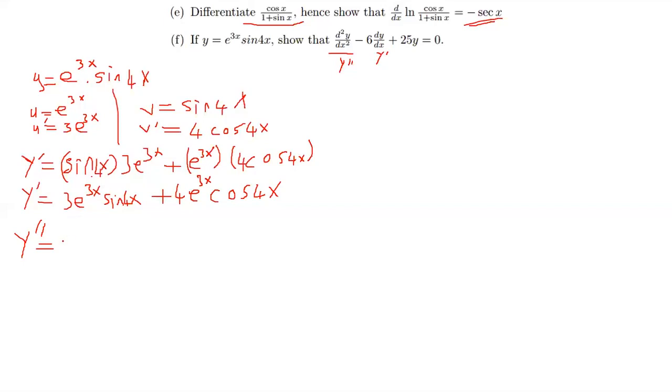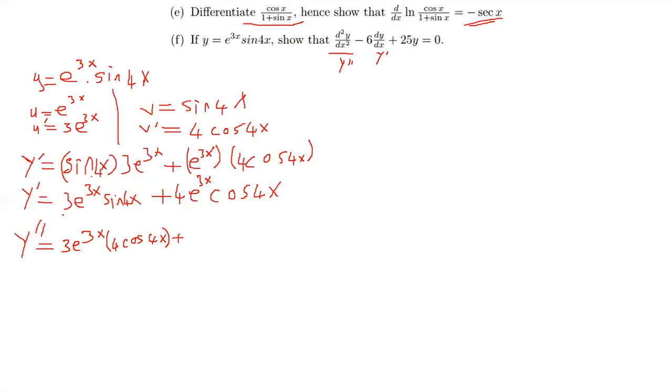So I'll write first my u, e to the power 3x, and then when I differentiate v, I'm going to have 4 cos 4x. Then I'll say plus, and I'm going to differentiate this part again.